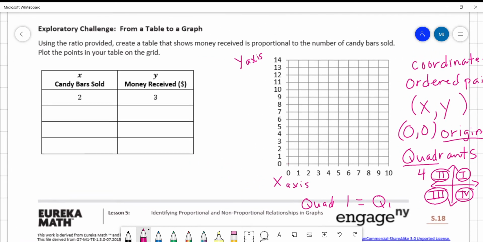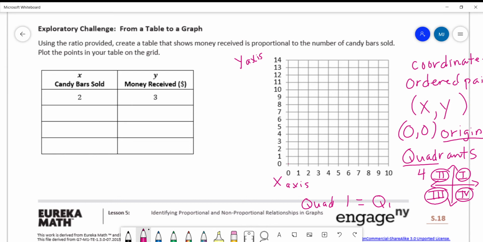So let's look at our table, because we're going to be transferring our numbers from the table to our graph in just a second. So using the ratio provided, our ratio is 2 to 3. We're going to create a table that shows money received is proportional to the candy bars sold. And then plot the points on your table on the grid. So the first set is we sell 2 candy bars, we make $3.